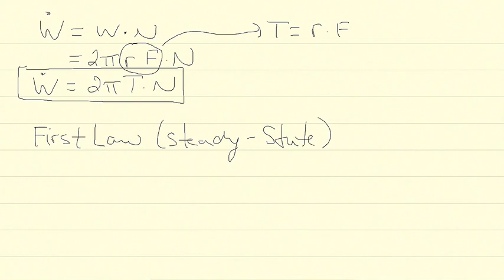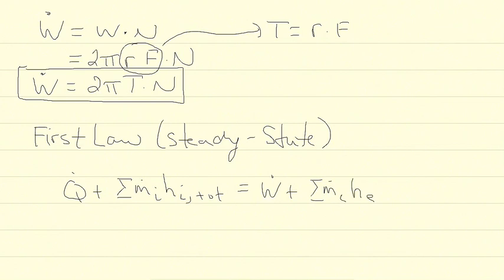We have Q dot plus the sum of our energy in, m dot i times h i total, and this is all equal to W dot plus the sum of our m dot e times h e total.